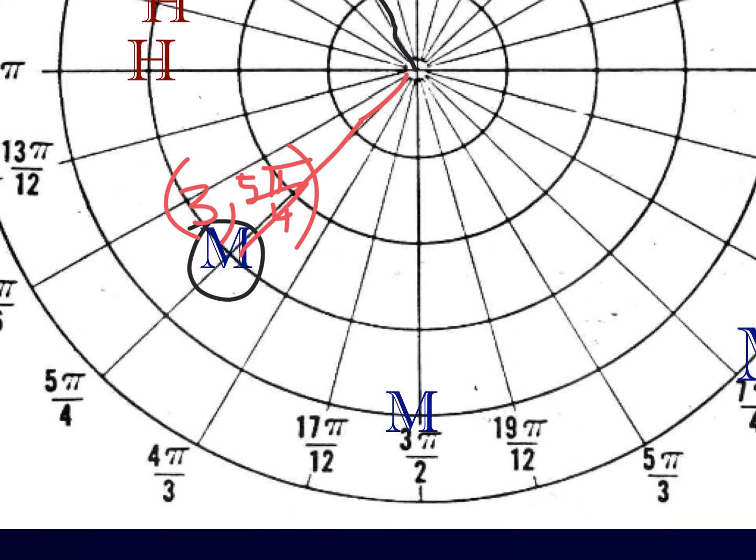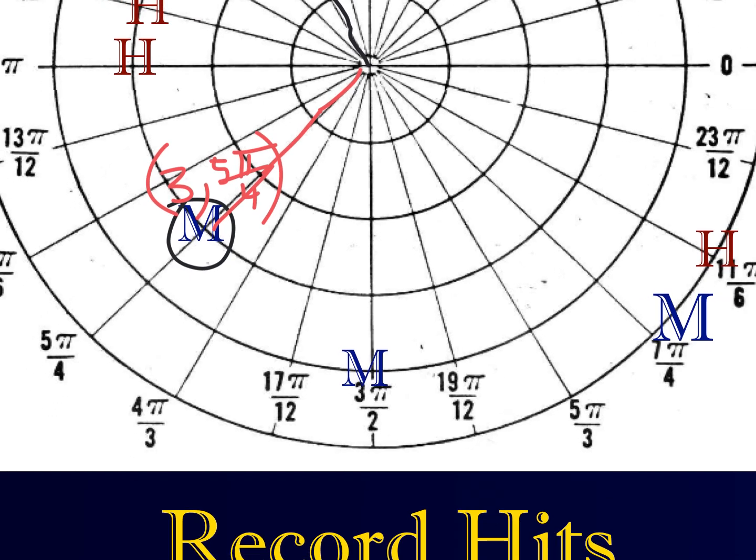But wait, wouldn't there be another way you could have said that? Yes, and that's the first type of question, which is if you're given a point like this, give it a name with a negative angle. Well, that implies that the r is still 3. 3, comma.